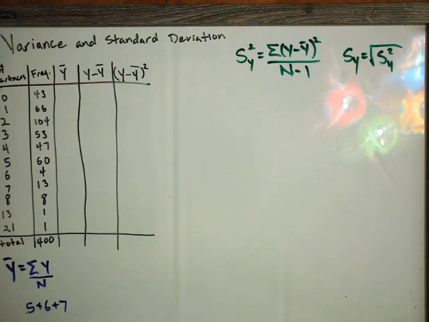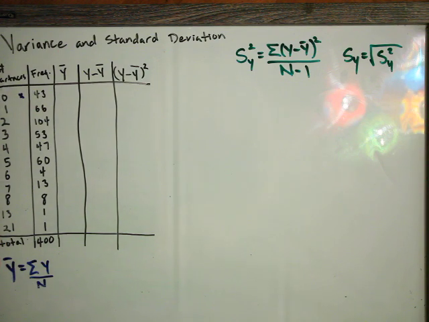We need to account for how many times each of these values was given in our survey. To do that, we multiply our values, which are 0, 1, 2, 3, etc., by our frequencies.